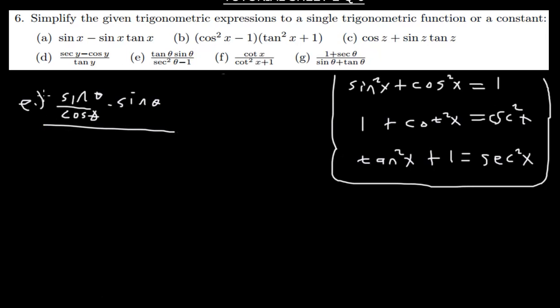Then everything over sec squared minus 1. It's just the same as taking the 1 to the other side of the equal sign, meaning you are going to remain with tan squared theta. It's just the same as making tan squared theta the subject here.